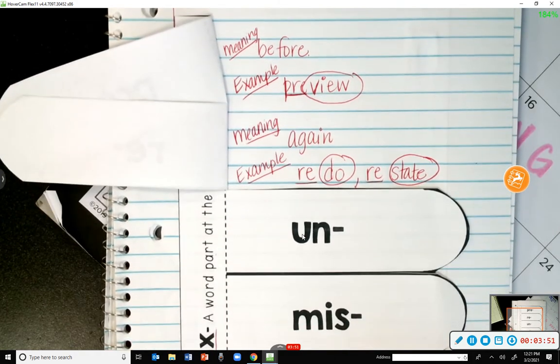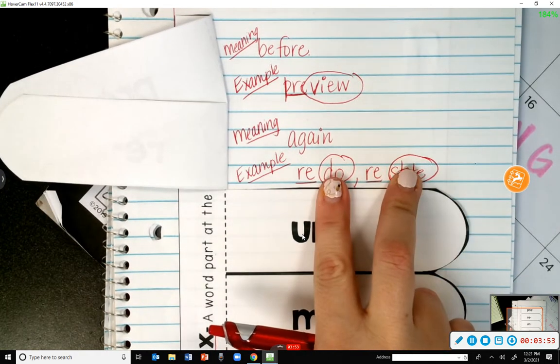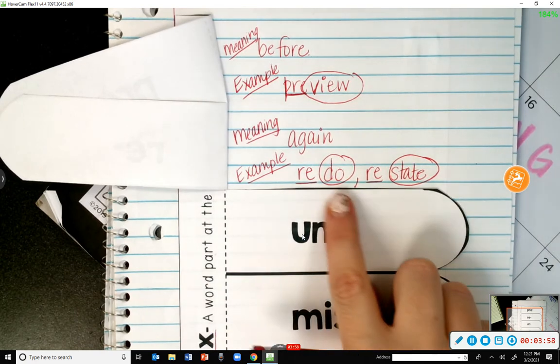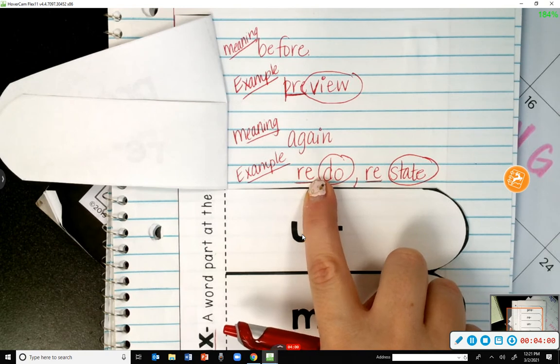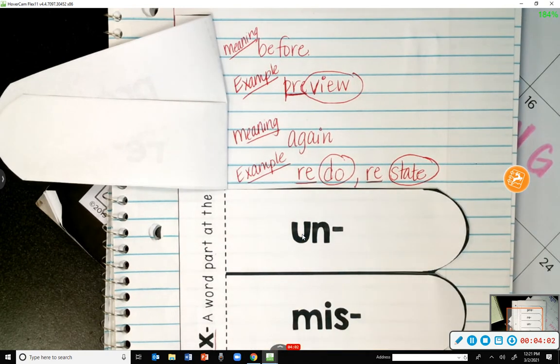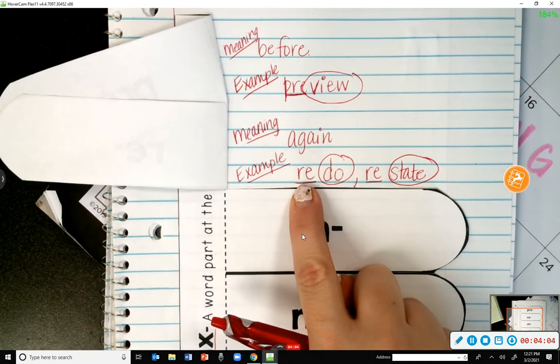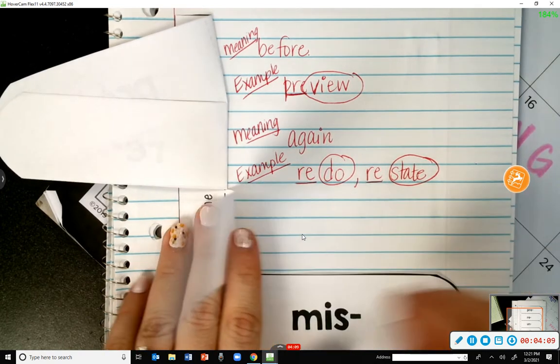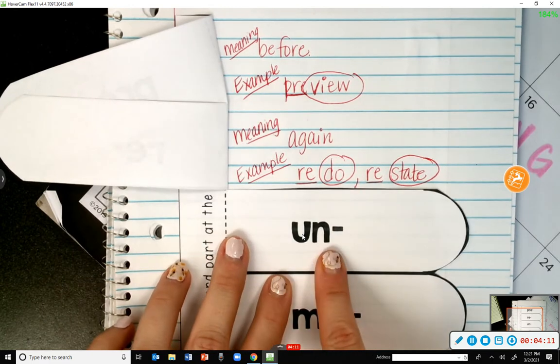Okay, the words I'm circling are called root words. Okay, the part that we put in front of it is called what? No, the part we put in front is called the prefix.